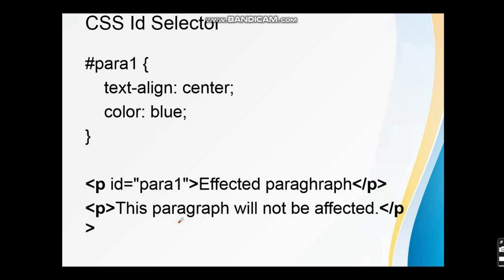Next, the CSS ID selector. Here we can define style rules based on the ID attribute of the element. This means all the elements having that ID will be formatted according to the defined rule. Here you can see the ID selector.